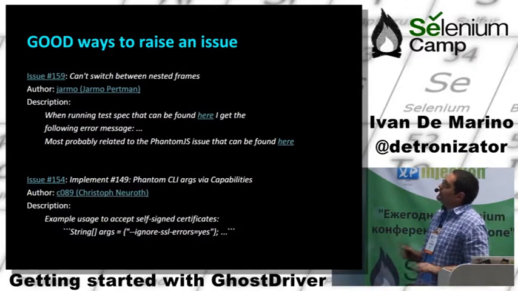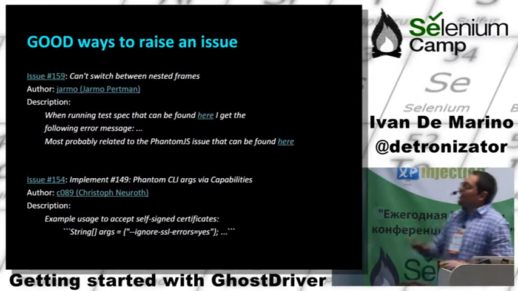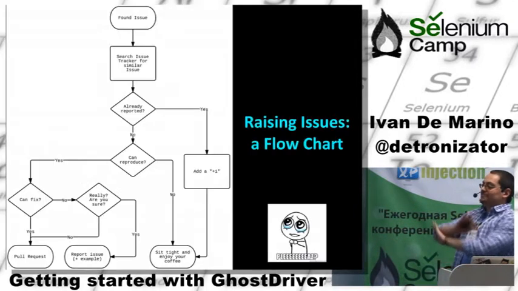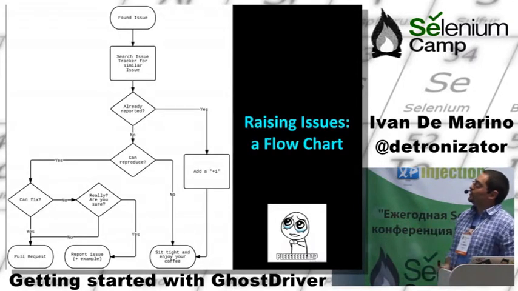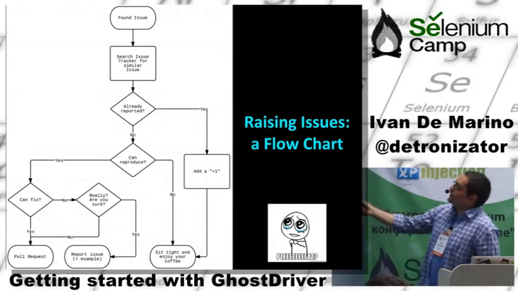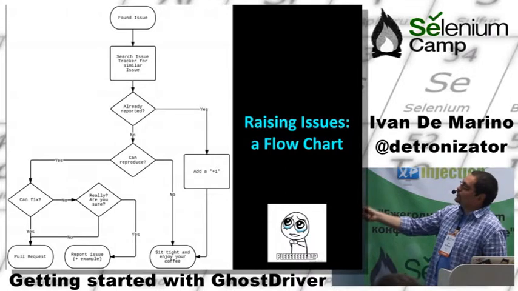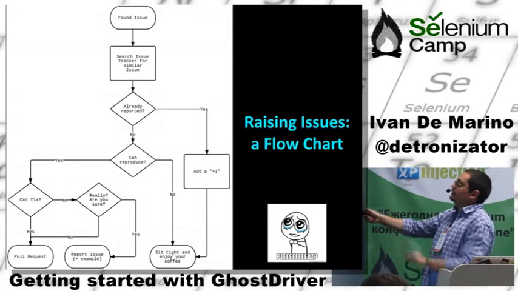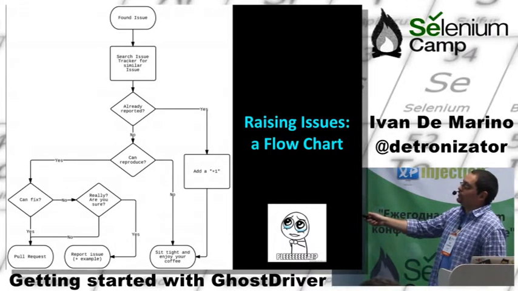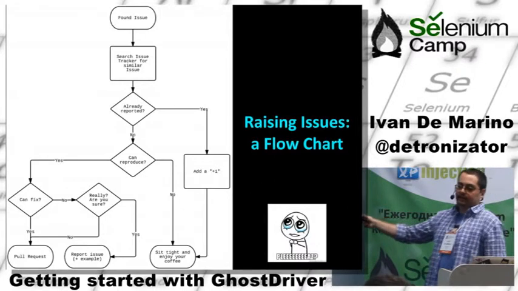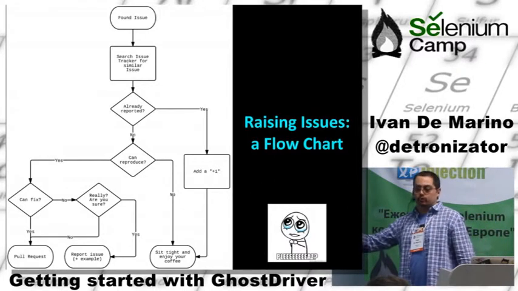Now, I put together a simple flowchart on how to raise issues. But probably they should be attached on every office now. So, try to be as fast as possible with this. You find your issue. First thing you do before raising anything, you go to the issue tracker of the project and see if there is anything mentioned there that sounds similar to what you are having.